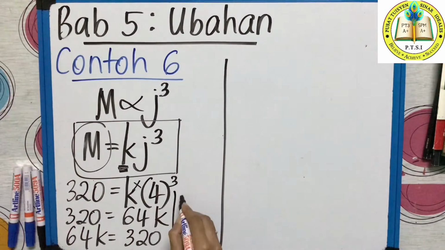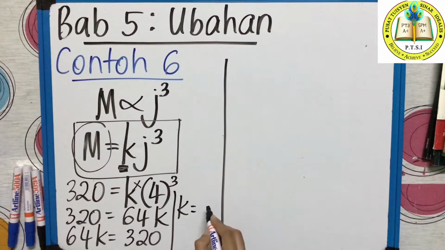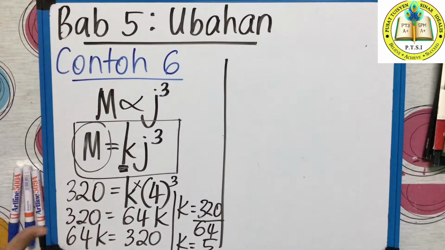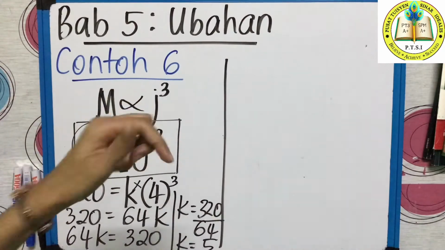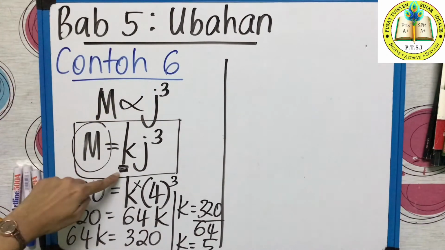So you want to find the K equal 320 bahagi dengan 64. So nilai K sama dengan 5. You get the K value is 5. Understand class? So remember always when you do the working for variation, soalan ubahan, first equation. Okay? Second, you must find the K.